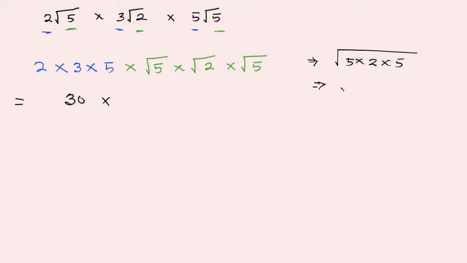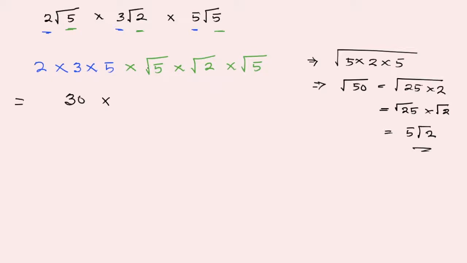And so this is equal to the square root of 50. And then we can break this down into 25 and 2. Because 25 is a perfect square, we would have the square root of 25 multiplied by the square root of 2, which is equal to 5 root 2.